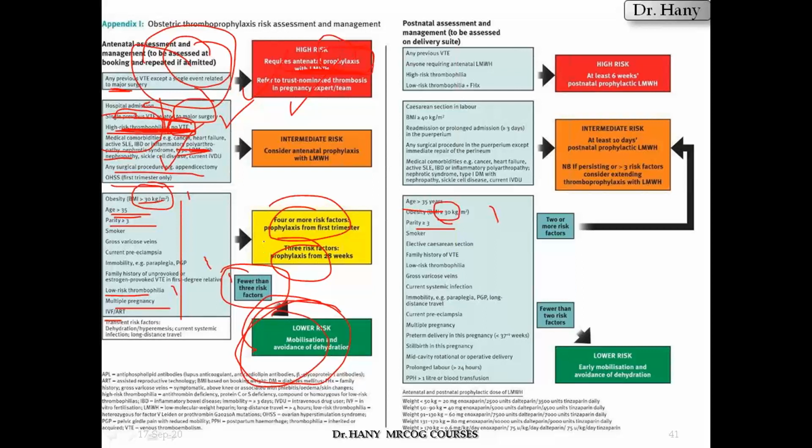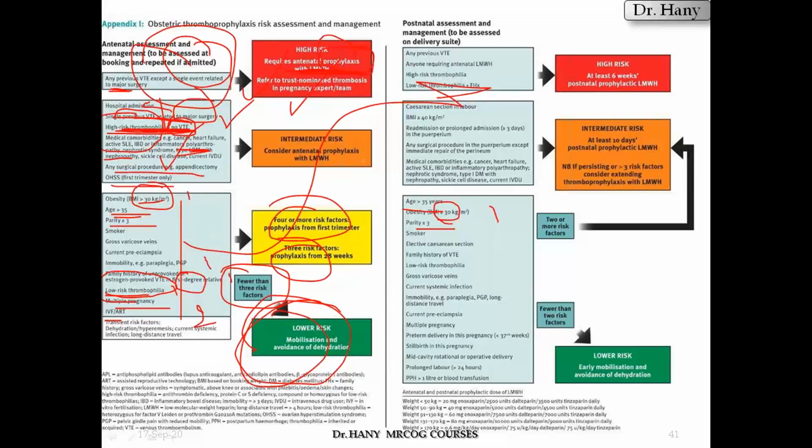A low-risk woman in the antenatal assessment may be a very high-risk woman in the postnatal assessment, and this trick always comes in the exam. A woman with heterozygous factor V with a family history scores 2 in the antenatal.